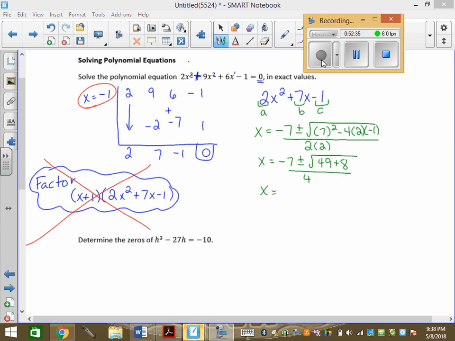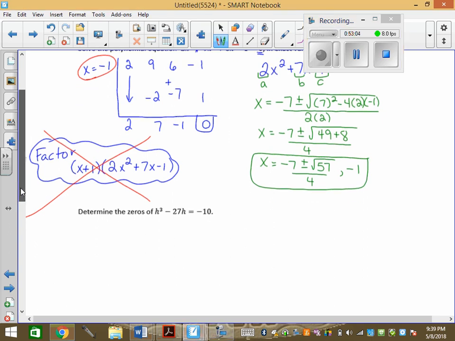So I get x equals -7 plus or minus the square root of 57 over 4. And 57 can't reduce into any perfect squares because 57 is prime. So we are done. But we also have to put behind this -1. So those are my 3 x-intercepts.